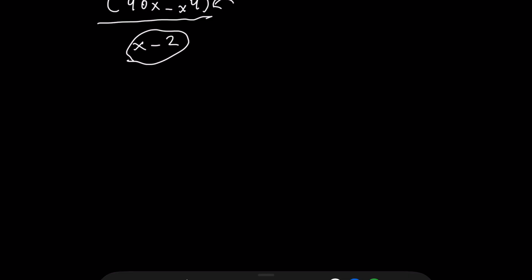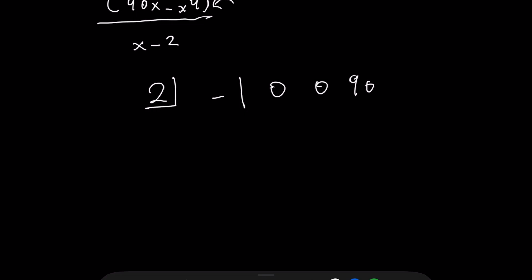Whatever makes this guy 0, which is 2, we're going to put that here. We'll use the coefficients of the top guy. The coefficient of x to the fourth is -1. The coefficient of x cubed is 0, of x squared is 0, of x is 90, and then we have to include a constant term, which is also 0.